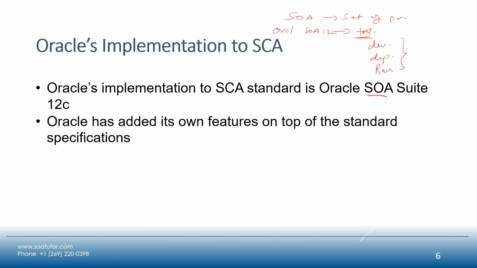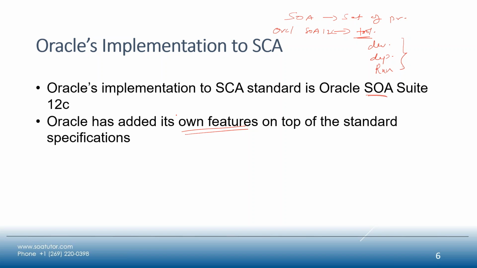Now Oracle SOA Suite 12c doesn't only provide all the principles that SOA tells you, it even has its own features, because Oracle also has its own research team, right? There are so many open source technologies that provide you the basic stuff, but Oracle has its signature.